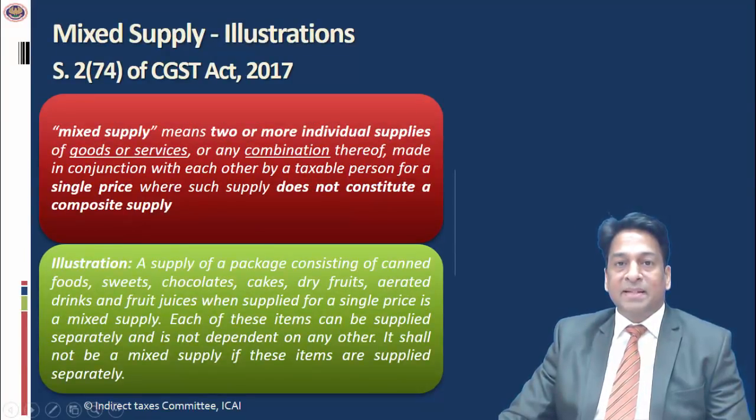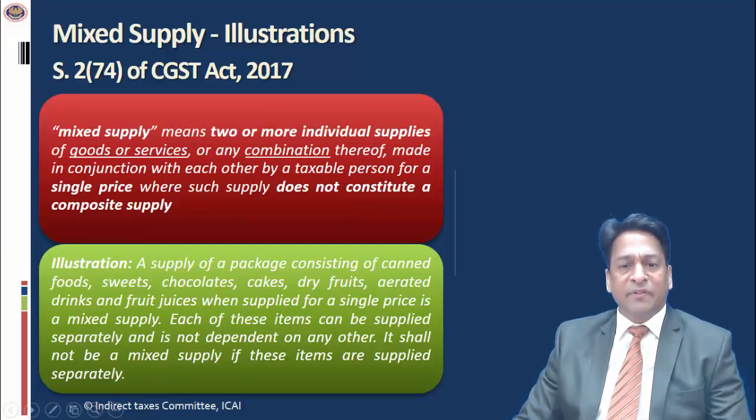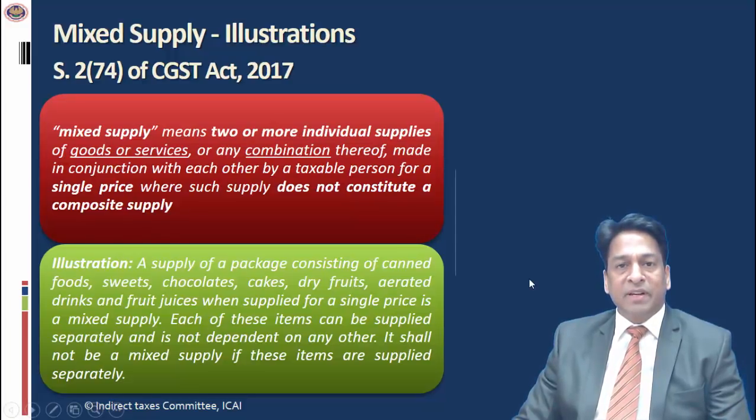When we go to the mixed supply definition, as stated, a mixed supply is not naturally bundled. This definition under Section 2 subsection 74 of the CGST Act 2017 says, kindly run through, then I will explain this transaction.